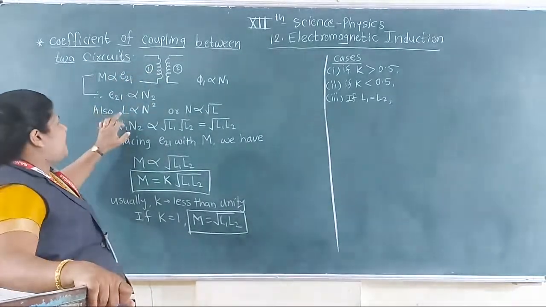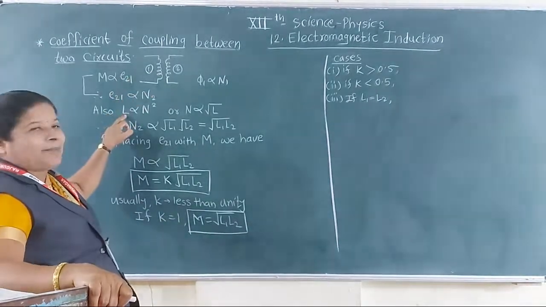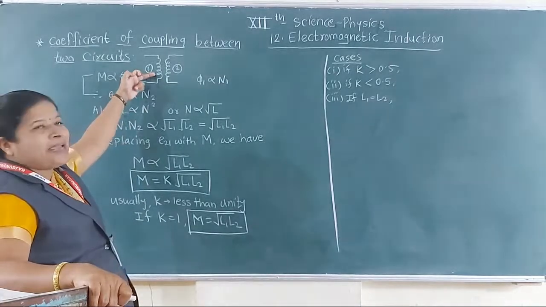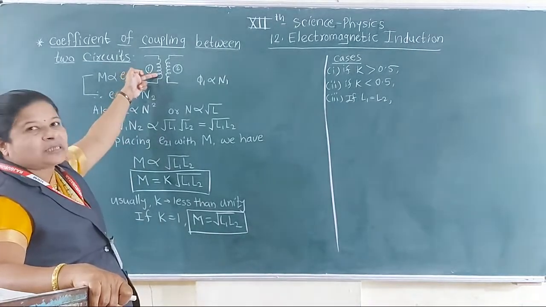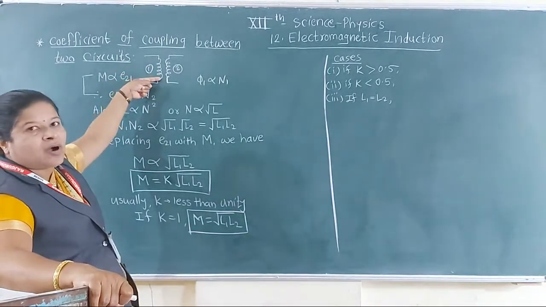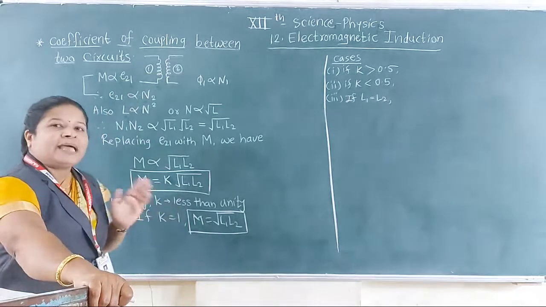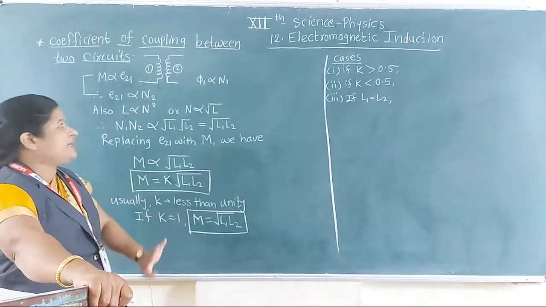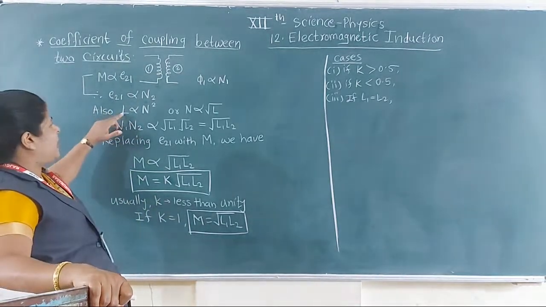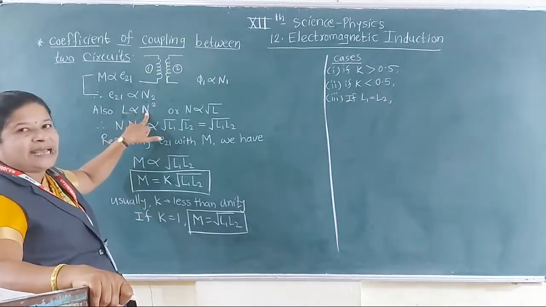We already learned that self-inductance is denoted by capital L. Self-inductance L of this coil depends on the number of turns of the coil. If we increase the number of turns of the coil, the self-inductance of the coil increases. So we write here L is directly proportional to N square.